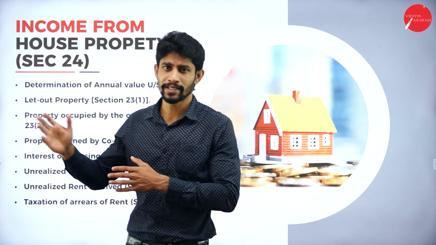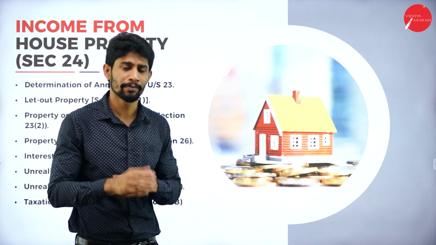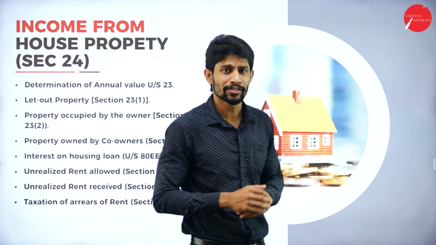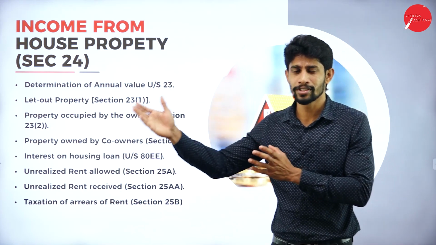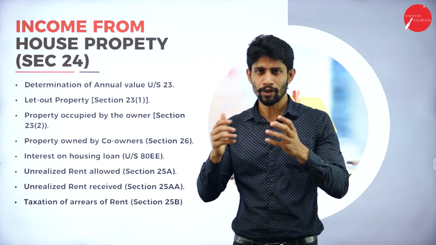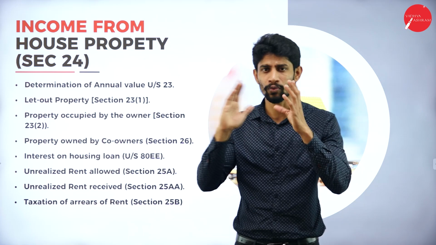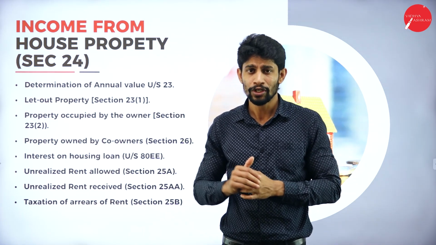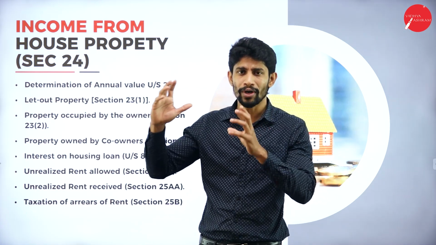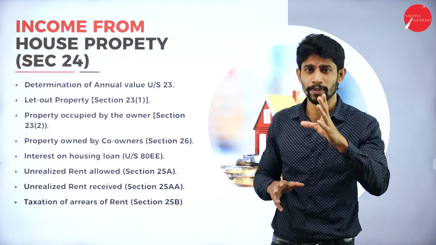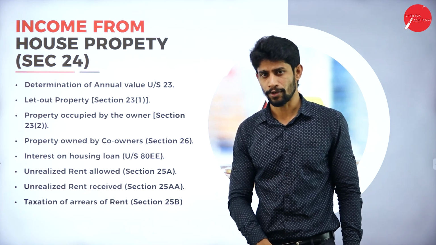You will be spending some money for repair, or you might be paying interest on the loan taken for the construction of the house. You might pay municipal tax, right? You will also have so many expenditures, so the whole 1,20,000 is not your profit. In this chapter, we will learn how to compute and how to make all the adjustments with respect to income from house property.